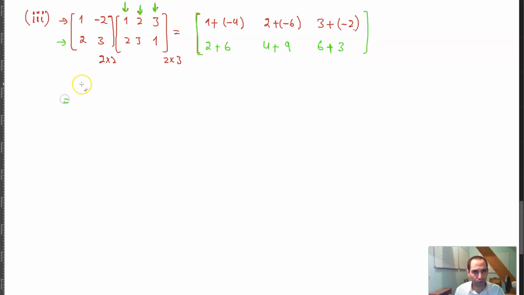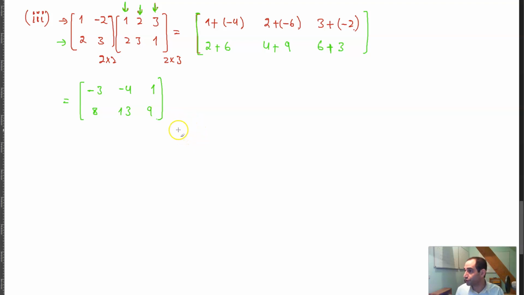Which is equal to negative 3, negative 4, 1, 8, 13, and 9. So part 3 of question number 3 is negative 3, negative 4, 1, 8, 13, and 9.